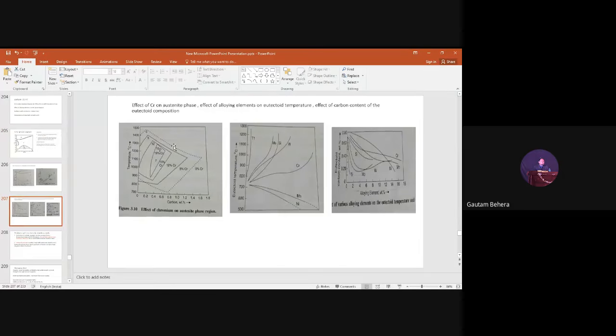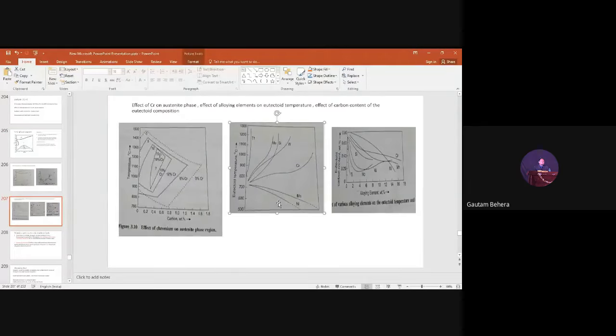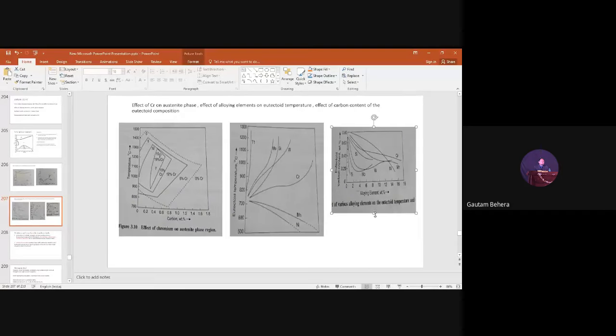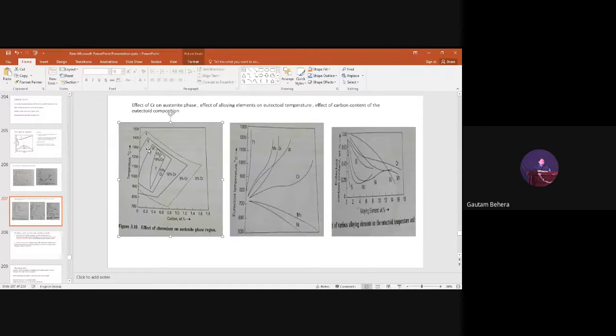Okay, fine. So now we have three images. The first image is the effect of chromium on the austenite phase. This dotted part is nothing but the austenite phase. This is an austenite phase only. That means I'm talking about the iron carbon phase diagram, and I have only taken the austenitic region, right?